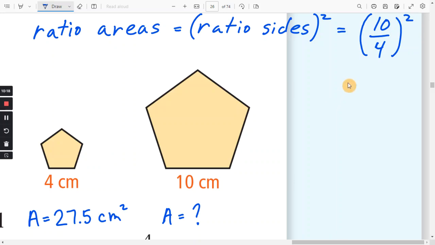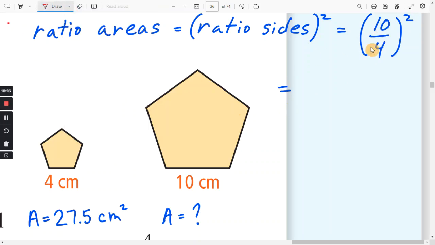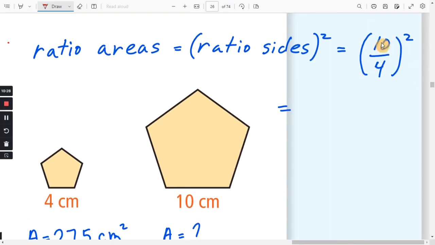Okay, now before I square the fraction, I would like to reduce it. It does kind of make things easier. So these are both even numbers. 10 divided by 2 is 5, and 4 divided by 2 is 2. Okay, so we're left with 5 over 2 squared.